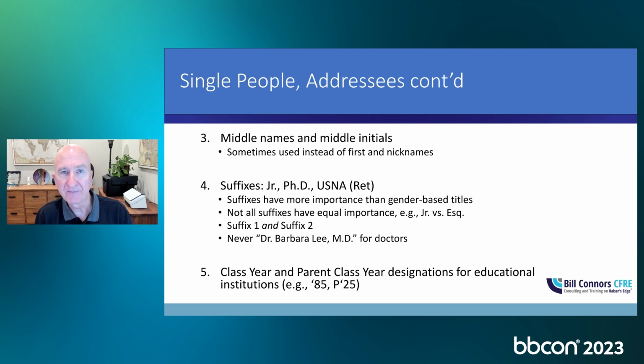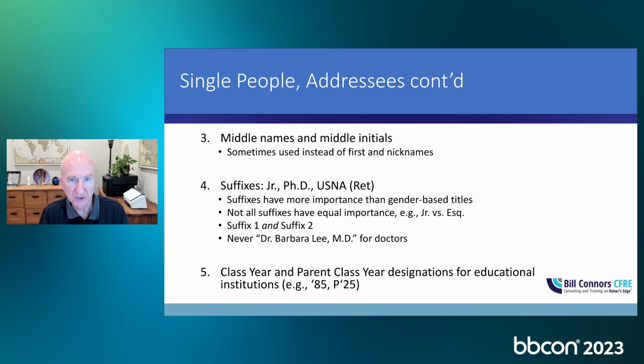And then finally, for most of us, suffixes. So again, with the throwing out of the titles, I hear a lot of initially, let's throw out suffixes as well. I'm not sure that's such a good idea. There are suffixes that have important roles that need to be considered.